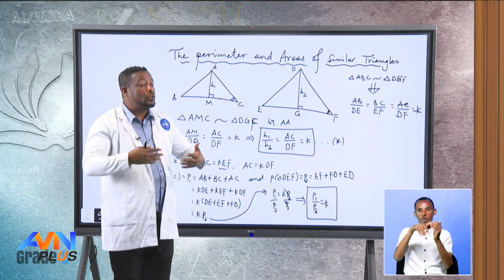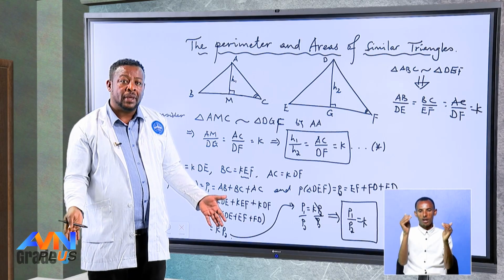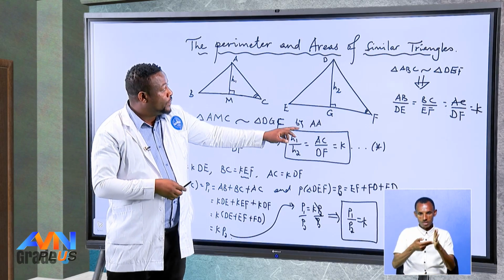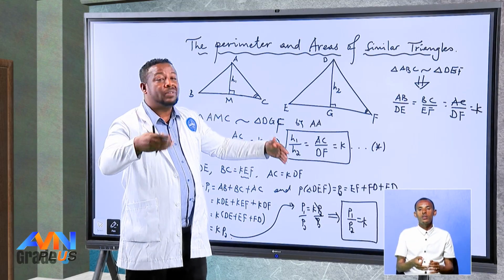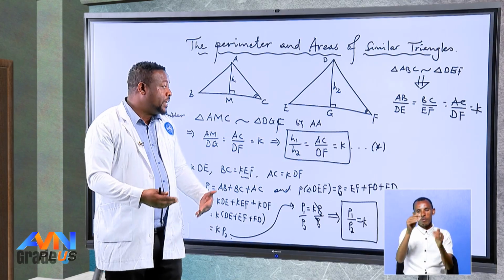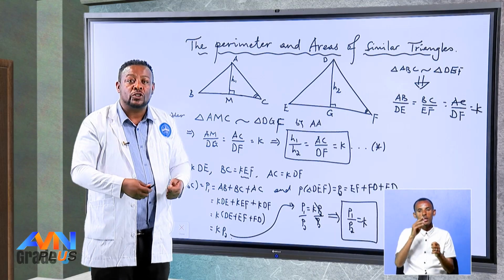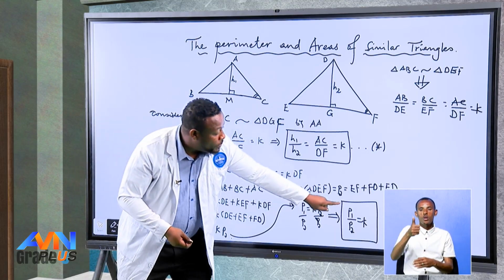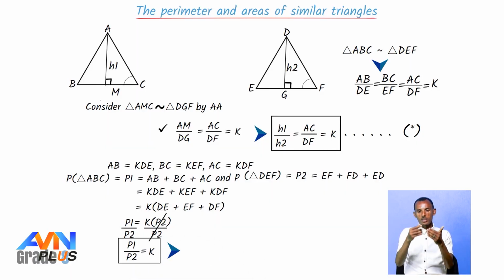We all know that if two triangles are similar, the ratio of all corresponding sides are the same. That means if we have AC over DF, you will have a certain proportionality K. So from this, we can say that if two triangles are similar, the ratio of the corresponding altitudes is also constant. The ratio of the perimeters of the two triangles is also constant. So this leads us to the conclusion H1 by H2 is the same as P1 by P2.